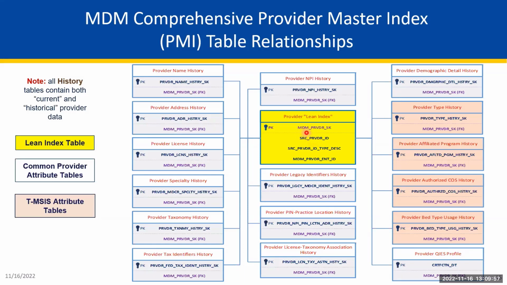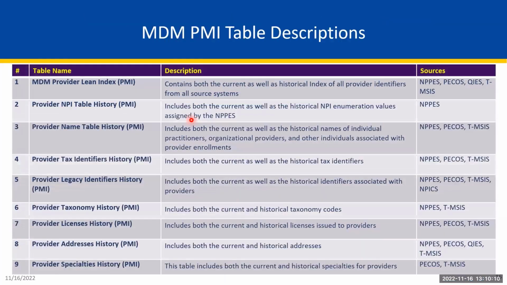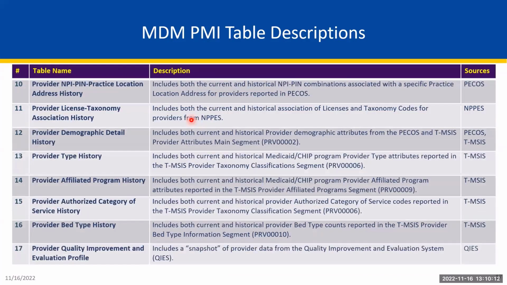And MDM provider SK is the primary column, which you will see in all the tables, and it has foreign key relationships between the other tables. Moving on, the next two slides explain a brief description of each table and the sources that each table has.